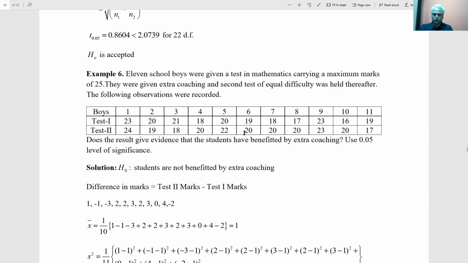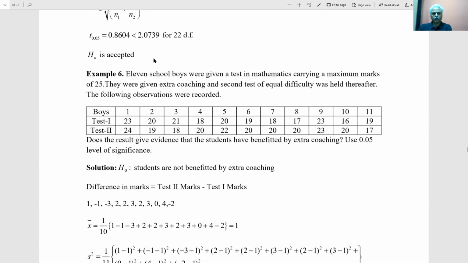Instead of a mathematics test and coaching, suppose these are patients. Before the treatment, these are the numbers. After the treatment, these are the numbers. You can conclude whether the treatment is effective or not. Similarly, for many things, before and after, we can conclude using this type of approach.